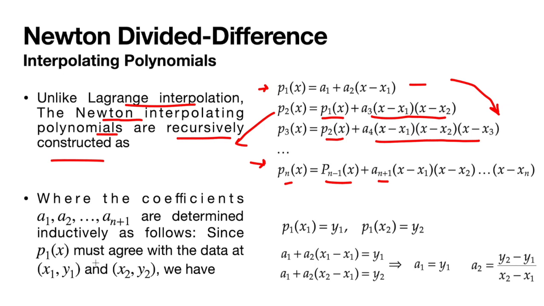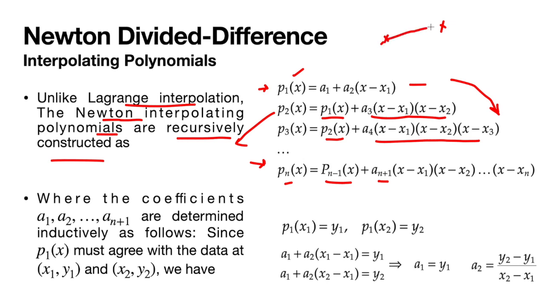Since P1 must agree with the data set, for example, if P1 is the first degree polynomial that passes between 2 points, then it must satisfy these 2 points.